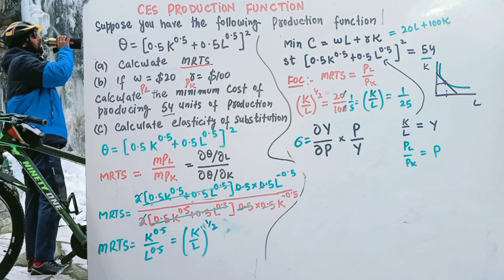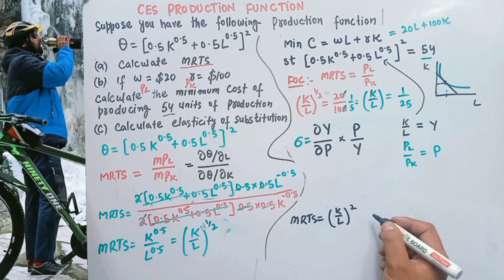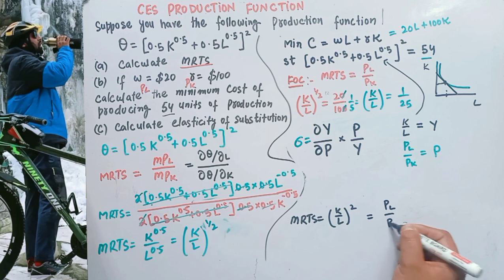So what we have written here, PL upon PK. So our K upon L, here our MRTS came out to be K upon L square. Okay, and it should be equal to the ratio of the prices, that means PL upon PK.